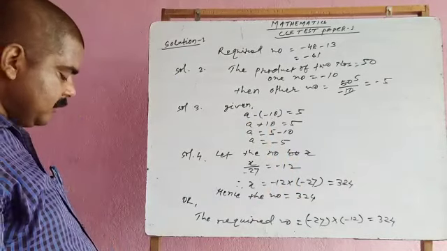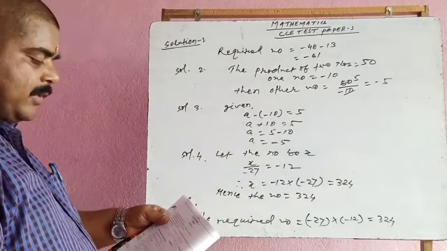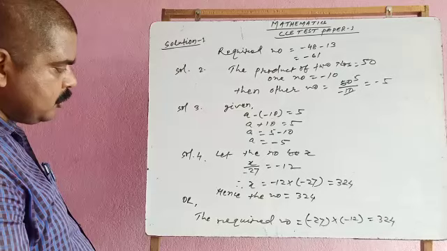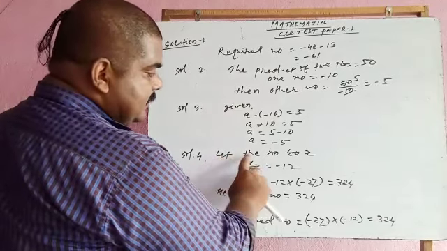Regarding the fourth question given in your test paper: what should be divided by minus 27 to get minus 12? It can be solved in two ways. One way is: let the number be x.